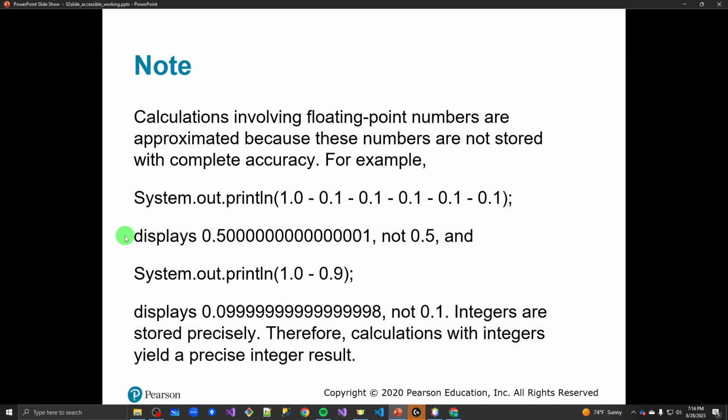All right, so let's talk about floating point numbers. Calculations involving floating point numbers are approximated because they're not stored with complete accuracy. System.out.println 1.0 minus 0.1 minus 0.1 minus 0.1 minus 0.1 minus 0.1. 1, 2, 3, 4, 5. You would think the answer would be 0.5, and it ends up being 0.500000001, not 0.5.